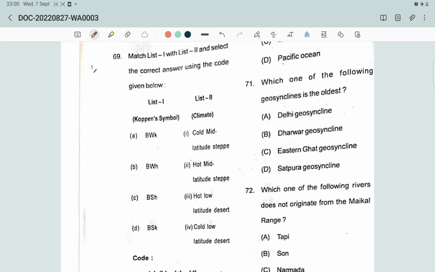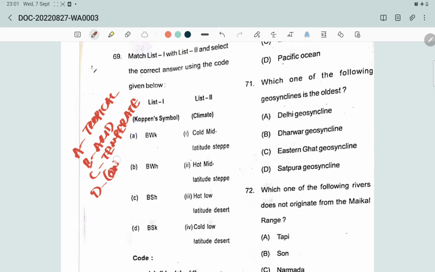It recognizes the major climatic types, and each type is designated by a capital letter, that is A, B, C, D, E and H. A denotes the tropical region, B denotes the arid region, C denotes the temperate region, D denotes the continental, E denotes the polar region, and H is the highland climate region.